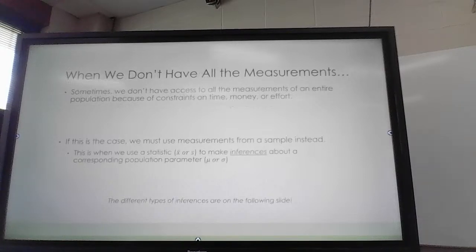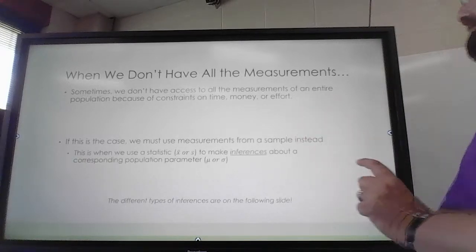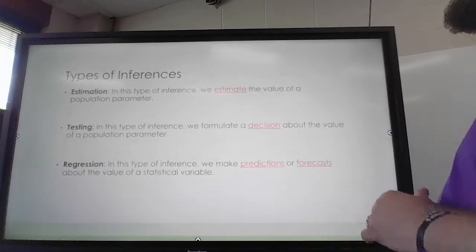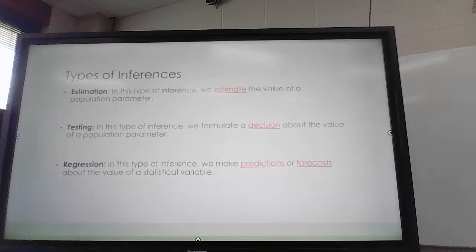So if that's the case, then we use measurements from a sample, and this is where we use a statistic to make an inference about a corresponding population parameter. And here are the 3 different types of inferences: estimation, testing, and regression. In estimation, we estimate the value of a parameter. With testing, we formulate a decision about the value of that parameter.